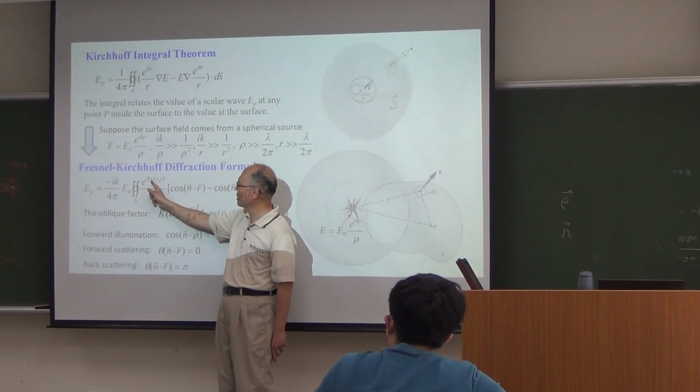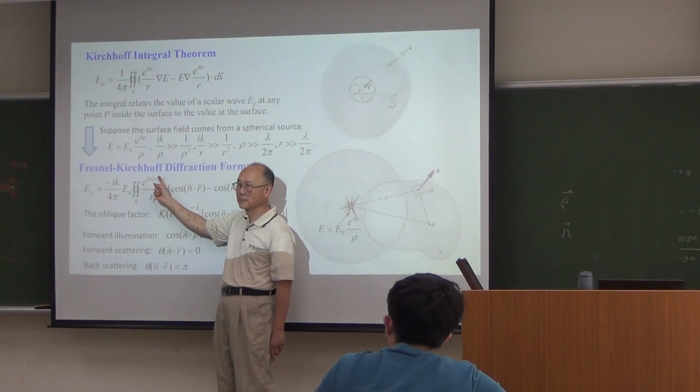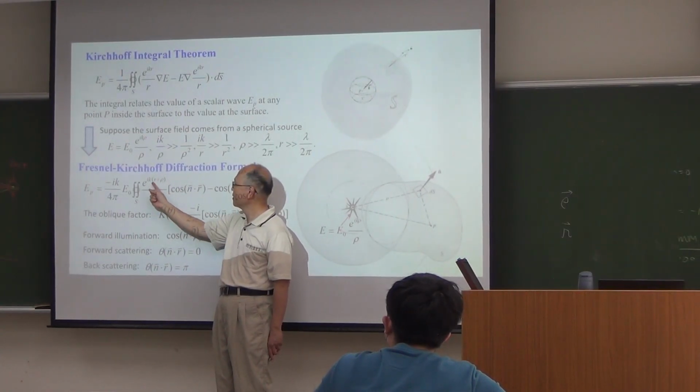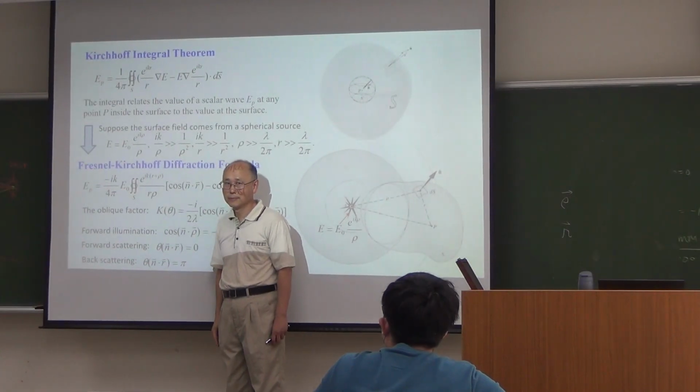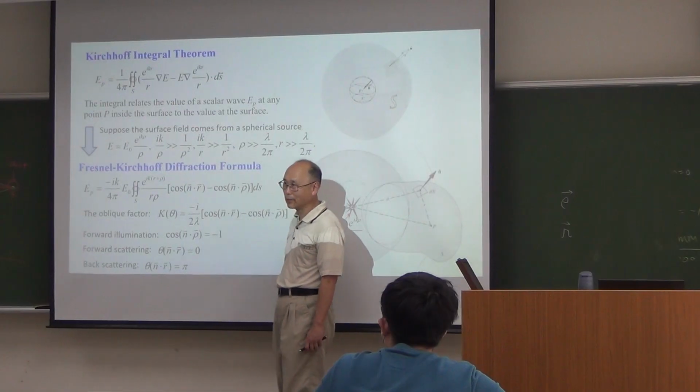So we do the Taylor expansion on this term. If we retain the first order term, then we call it Fraunhofer diffraction. If we retain the second order term, then we call it Fresnel diffraction. That's it. So it's a struggle in diffraction theory.